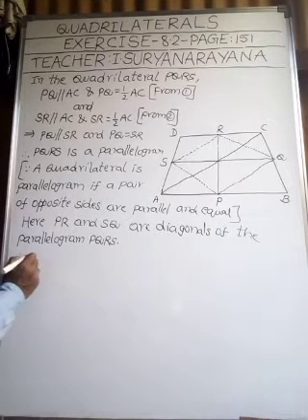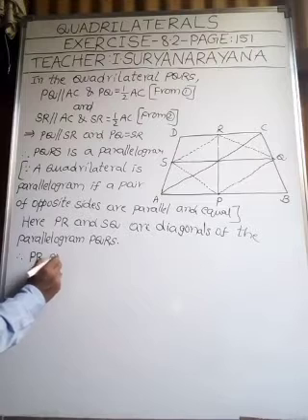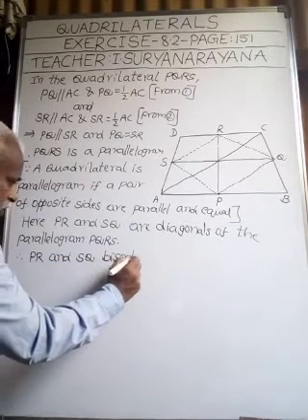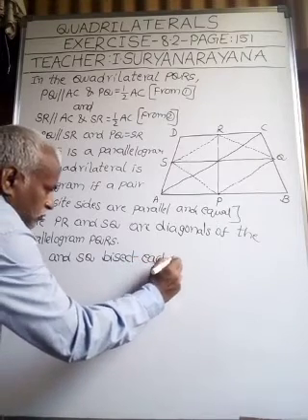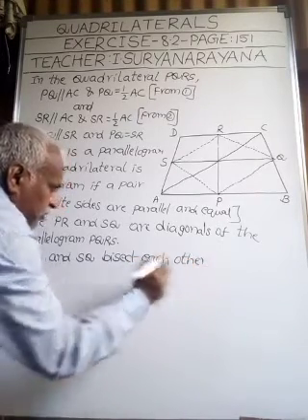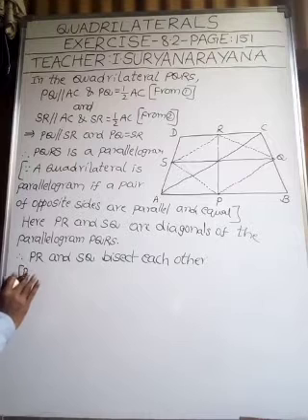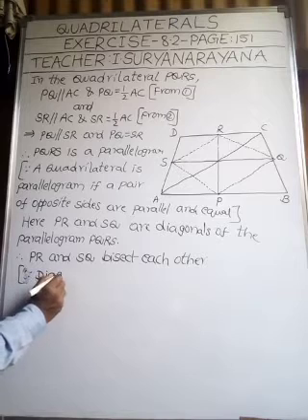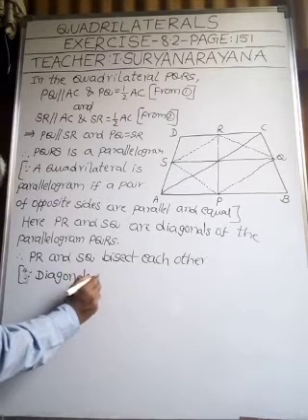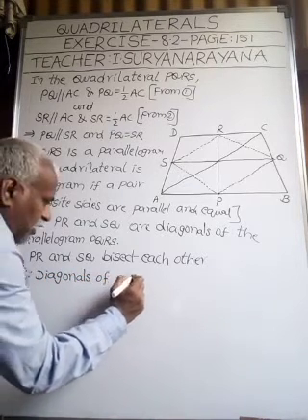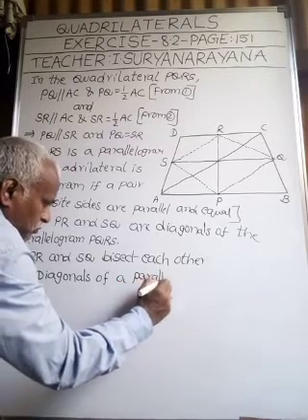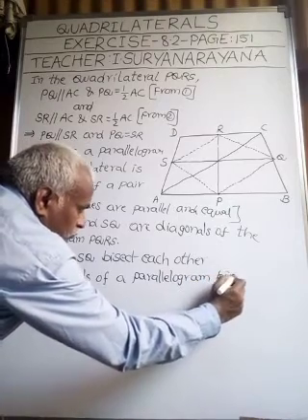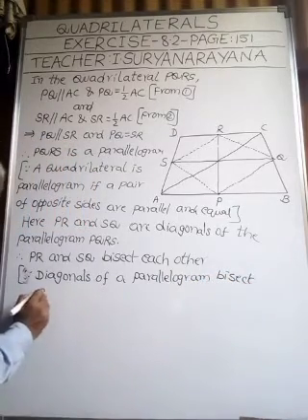Therefore, PR and SQ bisect each other because diagonals of a parallelogram bisect each other.